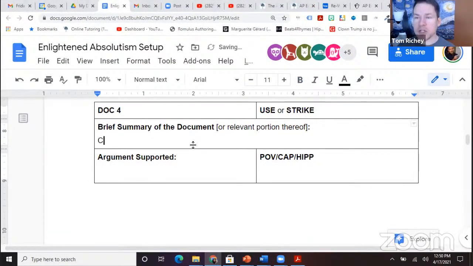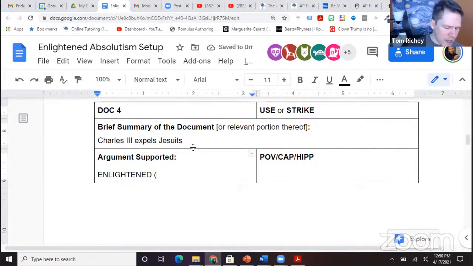So when we see here, Charles III expels Jesuits, what we're going to note is that this is enlightened. Of course, Spain is a Catholic country, so when he's expelling the Jesuits, he's not striking at Catholicism or religious liberty. He is expelling an order that's really against the principles of the Enlightenment.